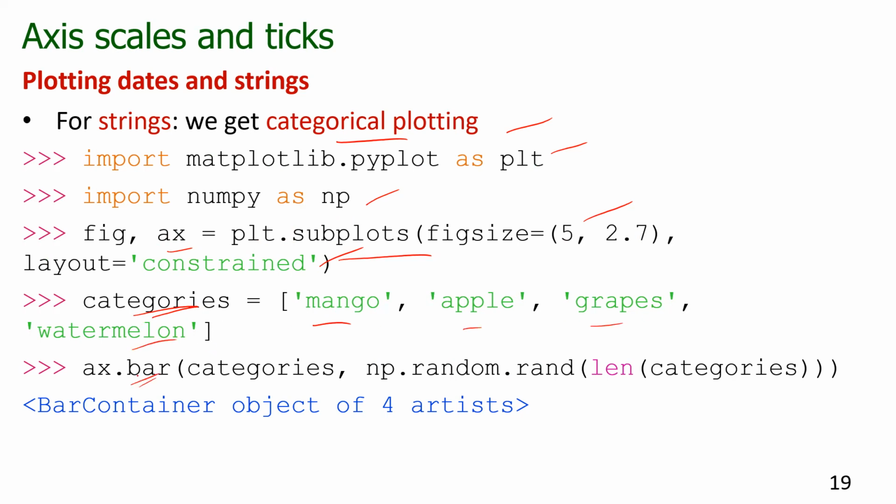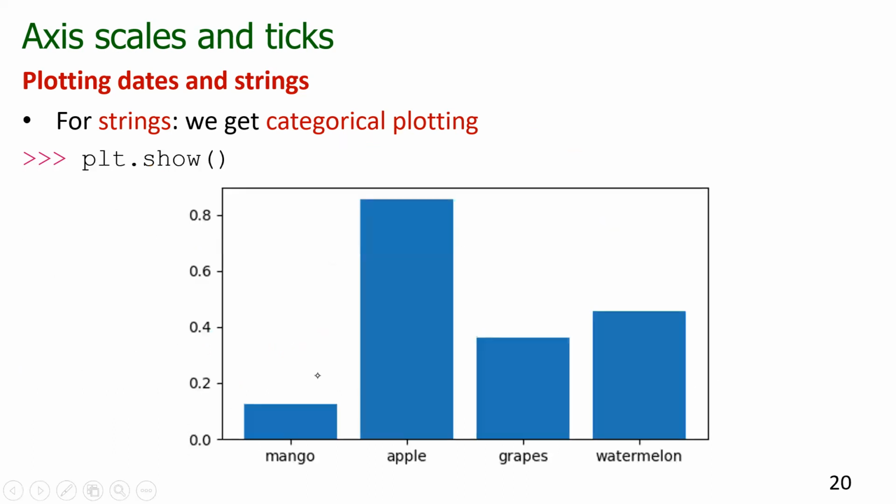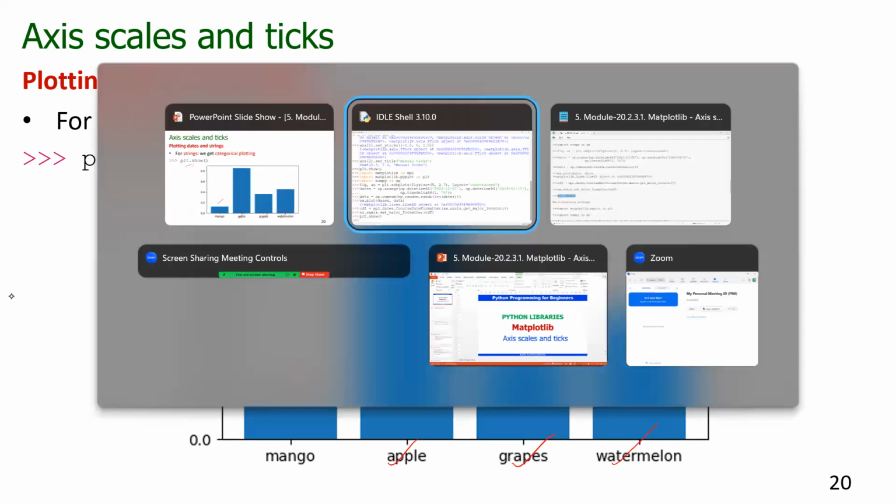We are taking bar chart, ax.bar of categories with np.random.rand of length of categories each. Here four objects, four artists are there. You can see the plt.show. Here you will get mango, apple, grapes, watermelon with the length of the strings. So categorically, this can be plotted for strings data.